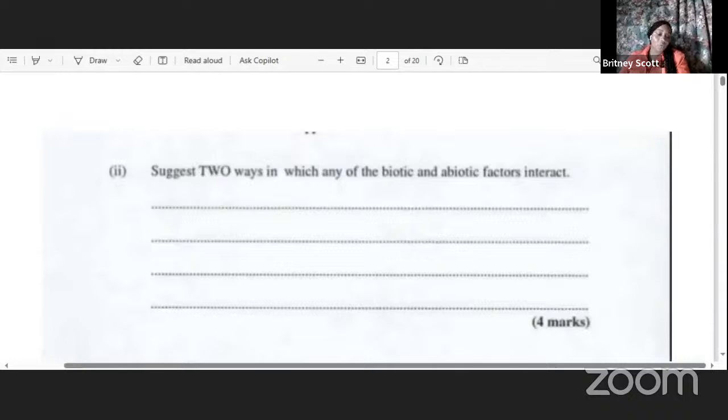The water provides a habitat for the water lily to live. Very good. So that is 1 point. Any other way in which the biotic and the abiotic factors interact?